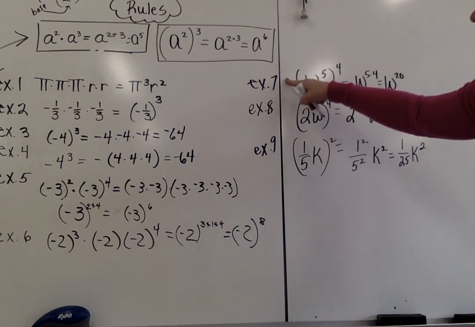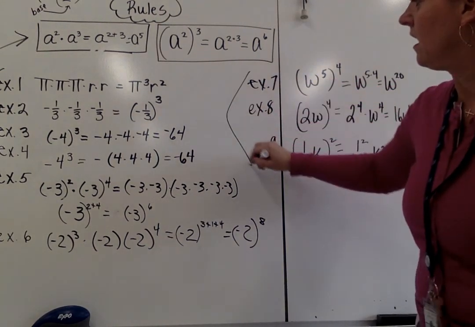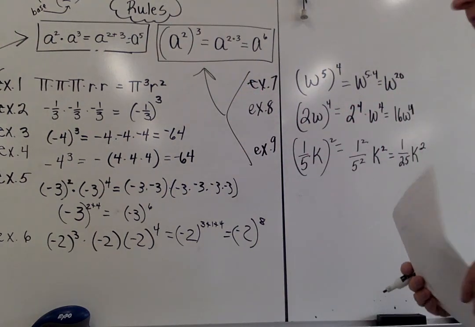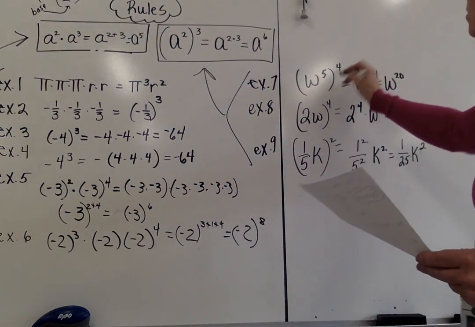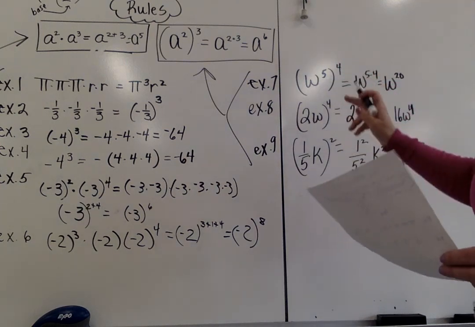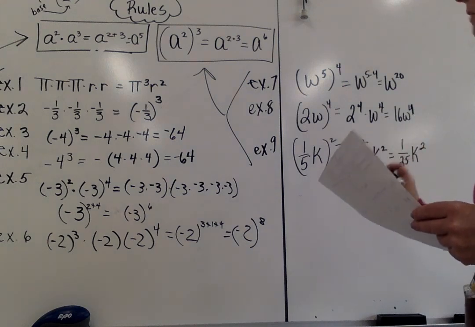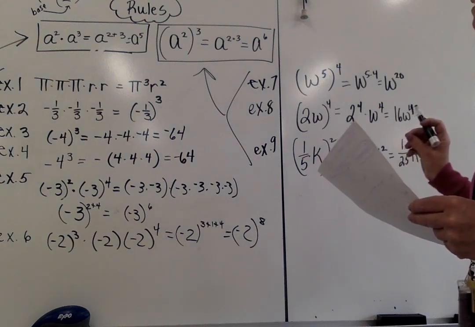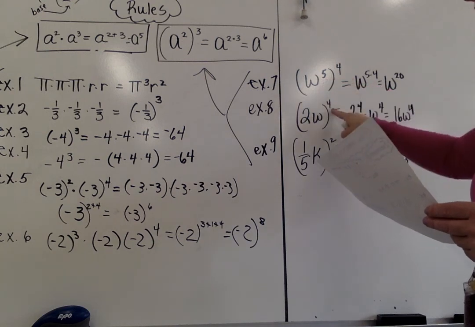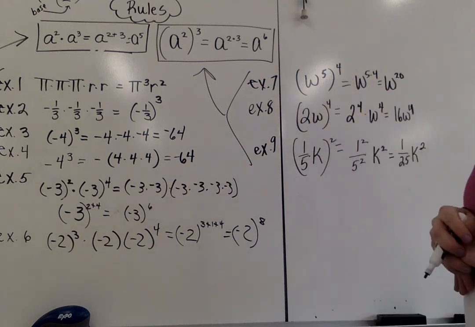So examples 7, 8, and 9 apply to a power having an exponent. You multiply the exponent to the exponent, but you have to apply it to every single thing that is part of the power. So I multiply it to the W, and I multiply it to any coefficients that are there.